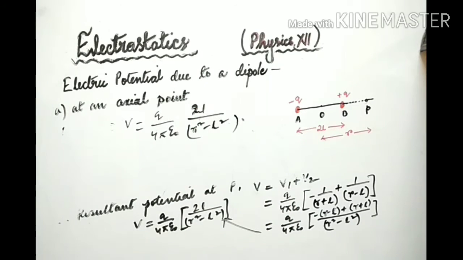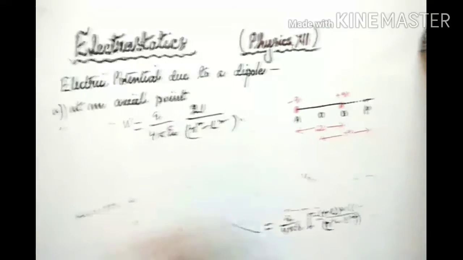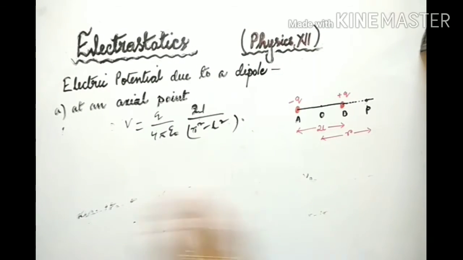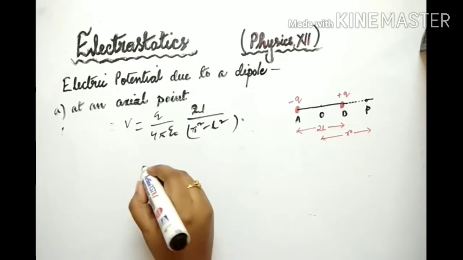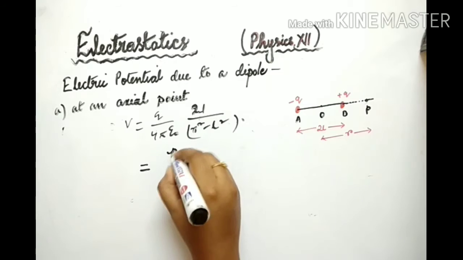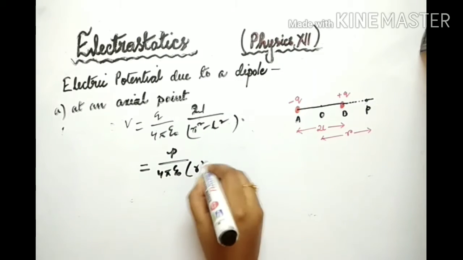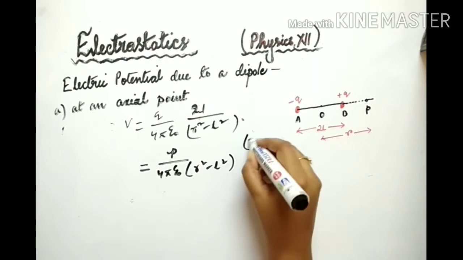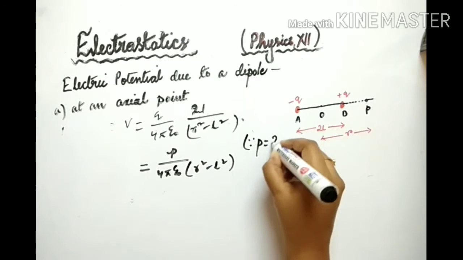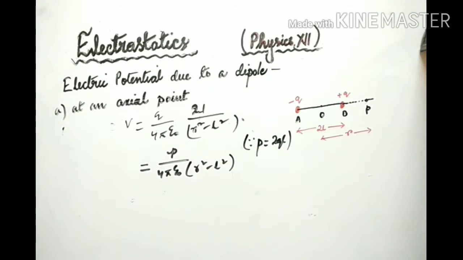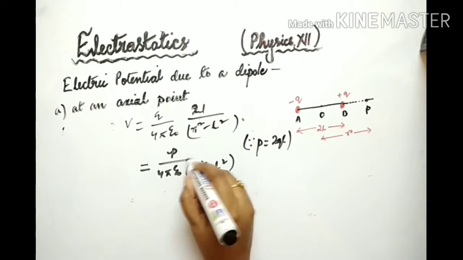So we have got this. Now in the numerator we have Q, then 2 and L. So this can be written as P by 4 pi epsilon naught into R square minus L square, because we know dipole moment P equals 2QL. And so this is your formula.